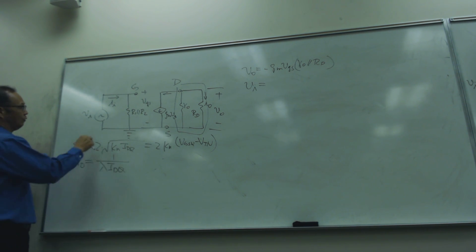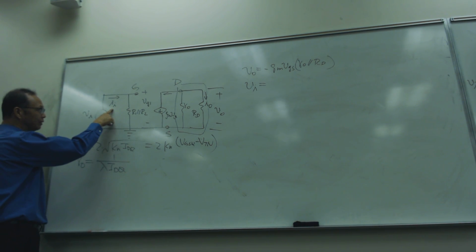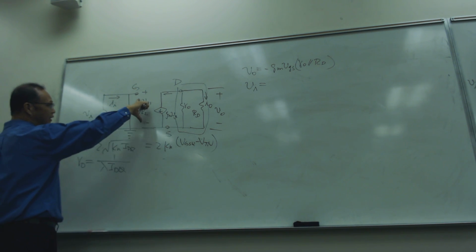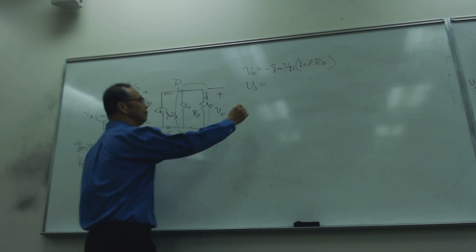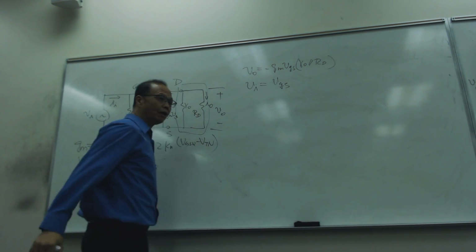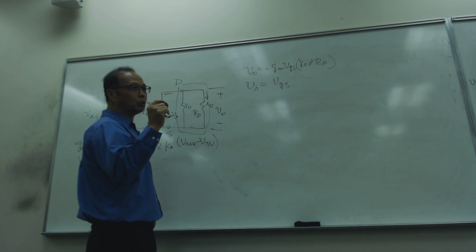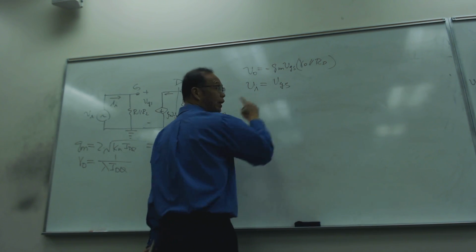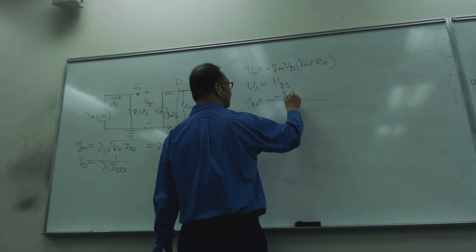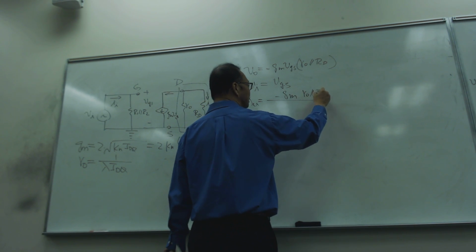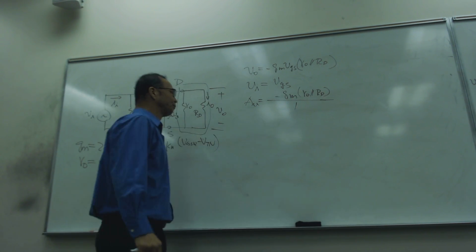V sub i is that current multiplied by that, but you don't know the current. Actually, it's very simple. V sub i is the same as VGS. So now you see the key: you try to derive expressions which are a function of VGS. Therefore, Av equals minus gm times (r sub o in parallel with R sub B).